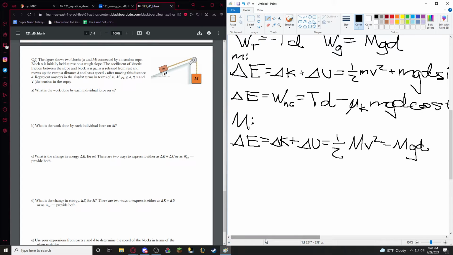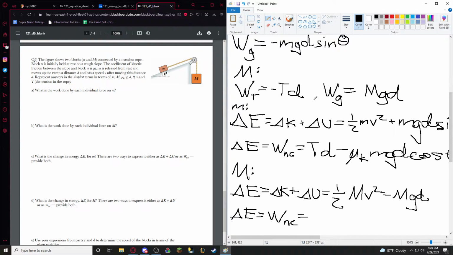So now, how do we find the total change in energy and how do we find it in terms of the total non-conservative work? So this would be just WG minus WT. I would do the same thing.